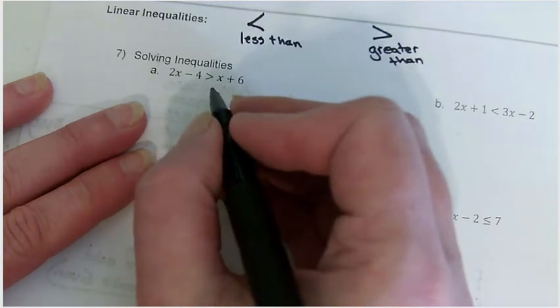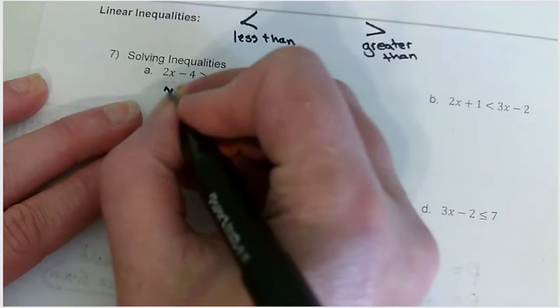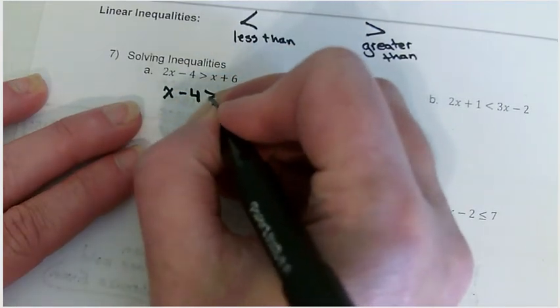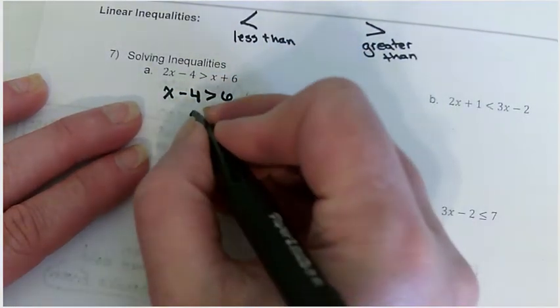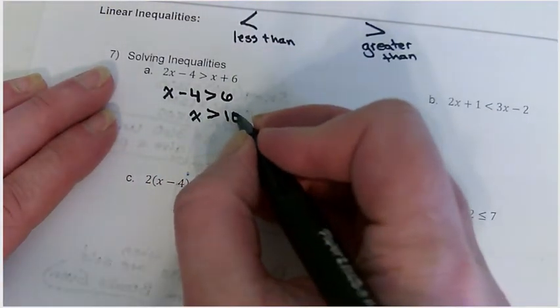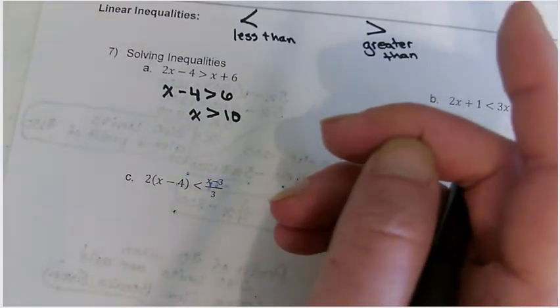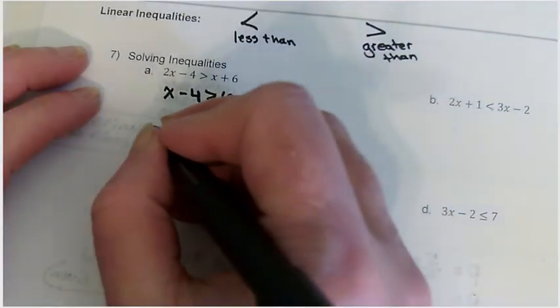Okay, 2x minus 4 is greater than x plus 6. So we subtract the x, then add the 6. Now, this means that it's not just one value of x, it's all the x's that are greater than 10.